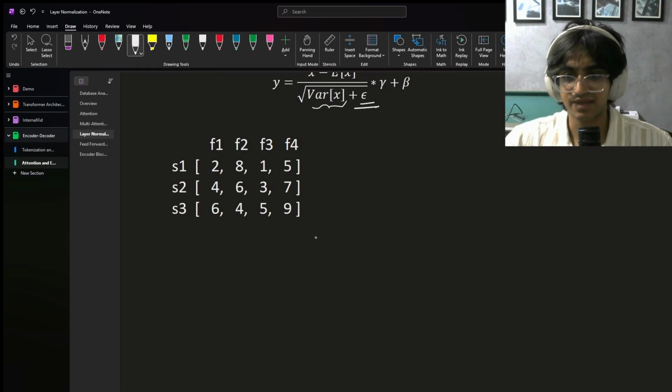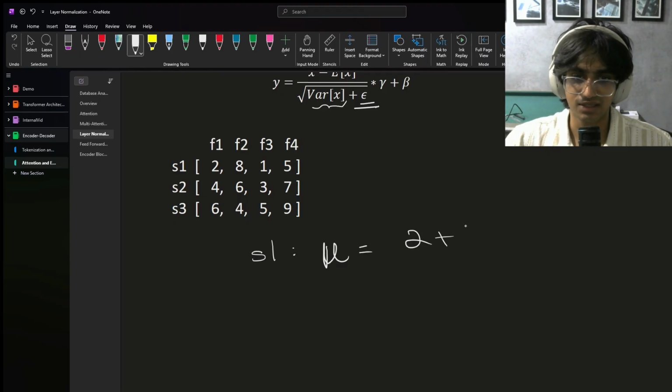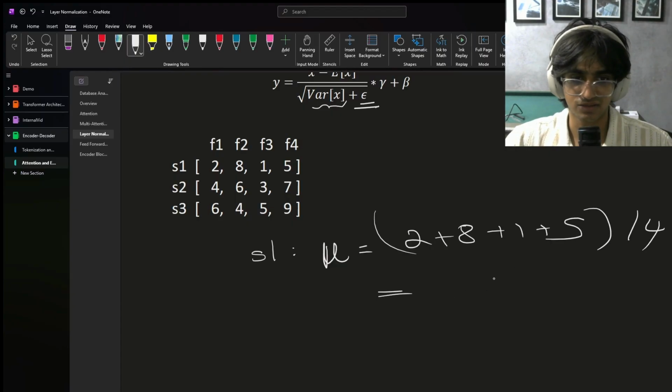So for your sample 1, your mean value is going to be 2 plus 8 plus 1 plus 5 over 4. So that's 10 plus 1, 11. 11 plus 5, 16. 16 by 4, which is just 4.